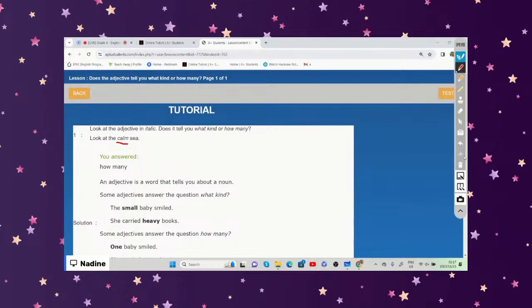Look at the calm sea. Calm, the word calm. Does this tell us what kind or does it tell us how many?